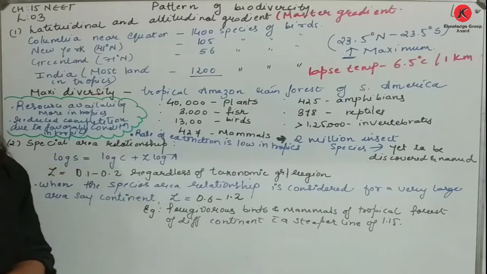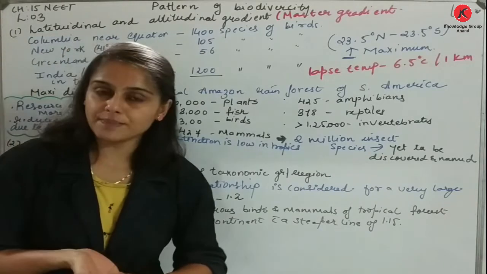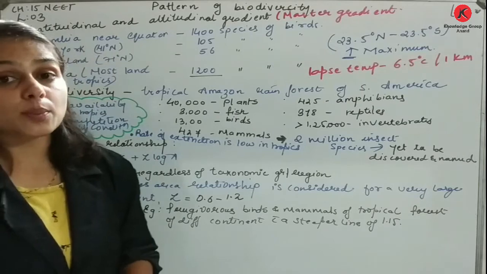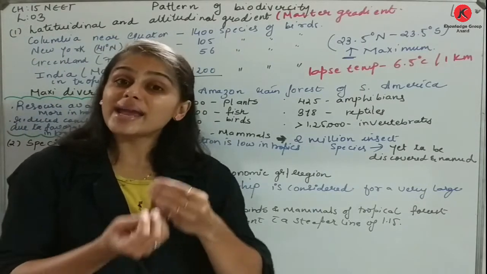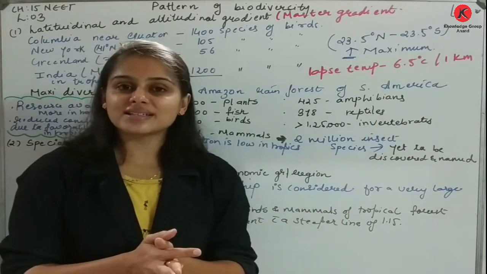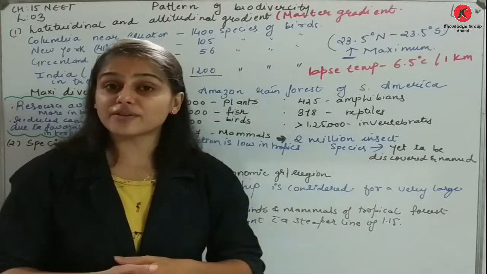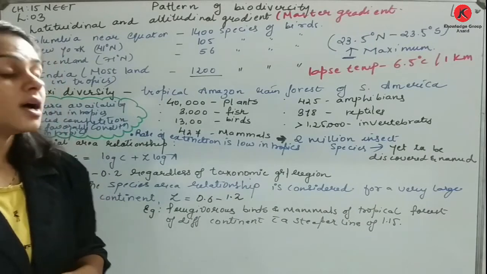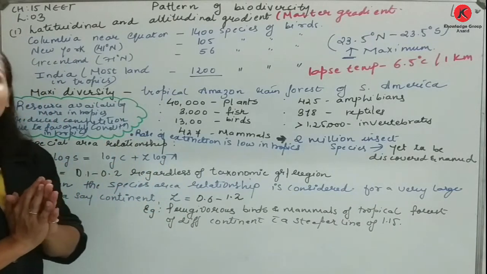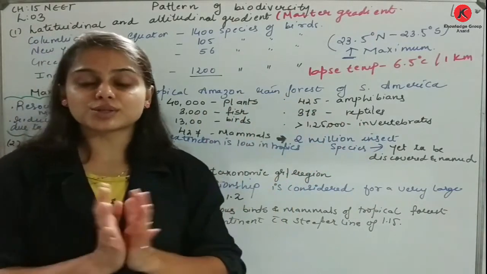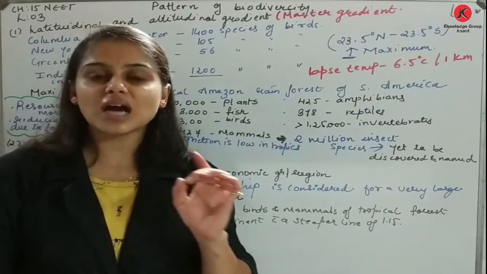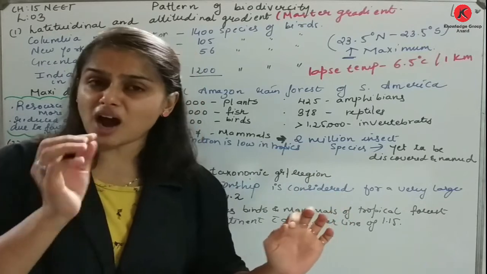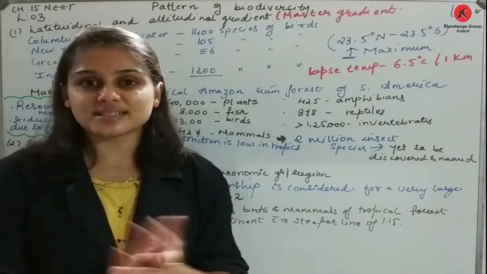Next comes your species area relationship. Okay, this concept was proposed by Alexander von Humboldt while exploring the wilderness of South America, right? He discovered that as the area increases, species diversity also increases, but up to a certain extent, after which it decreases.